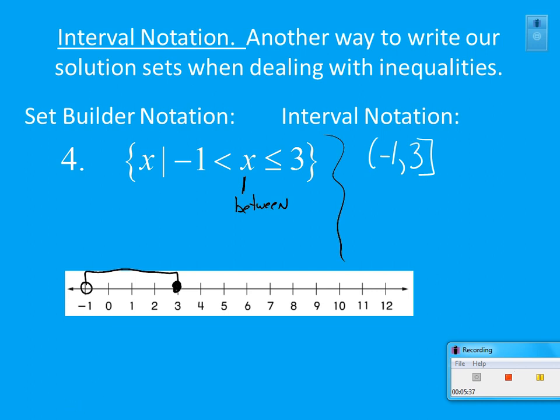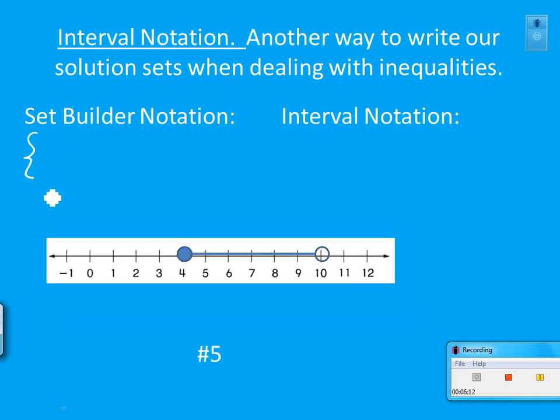And your number 5, I just threw in a graph of it just to give us some practice on how to write the set builder notation. This says I want all the numbers between 4 and 10. I don't want you to include 10, but I do want you to include 4. In set builder notation, I got the set of all numbers x such that.